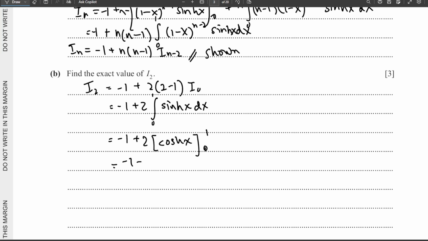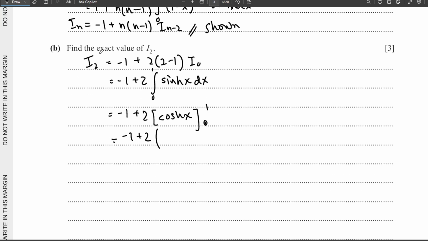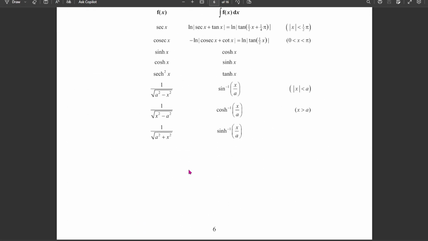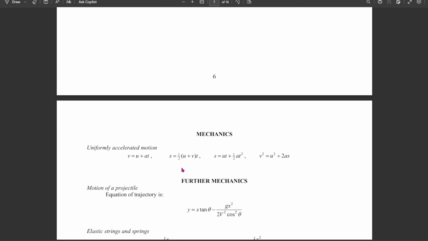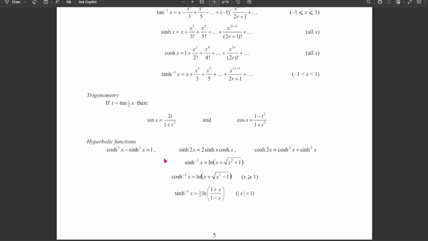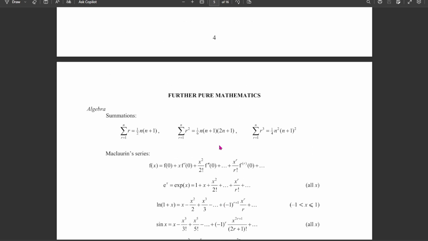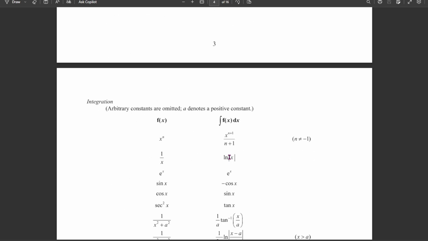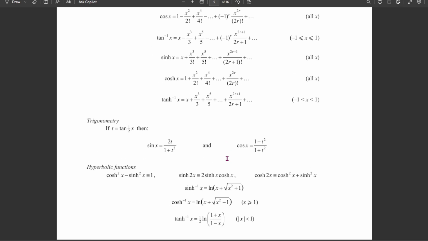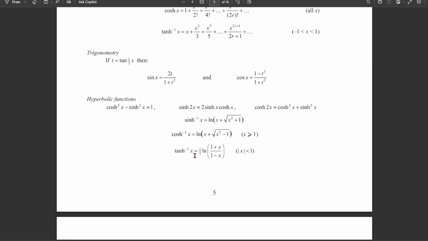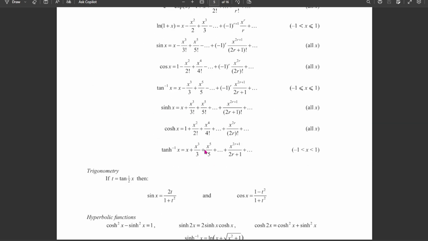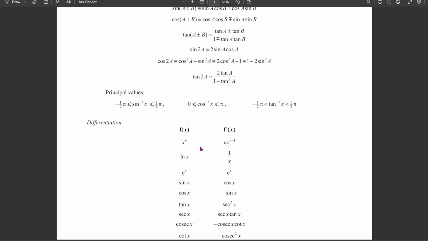Okay, the hyperbolic cosine of 1, they want the exact value, so we need to use the identity. They expect you to remember it.